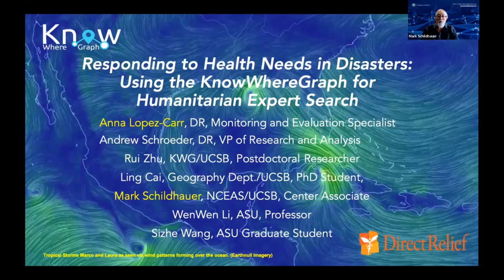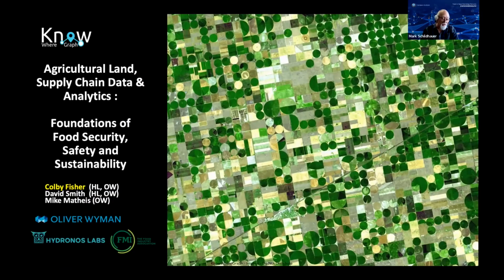Then you'll hear from Dr. Colby Fisher of Hydronos Labs, and Oliver Wyman, who will describe how KnowWhereGraph is working with partners in the farm and food industries to semantically link diverse data with geospatially detailed information about food and crop security and safety to address, for example, how climate change might impact crop production in different regions.